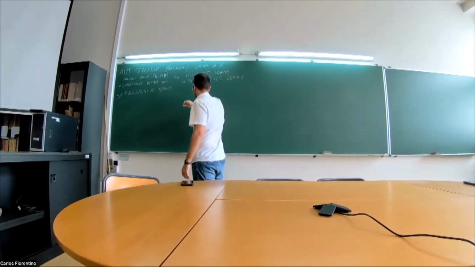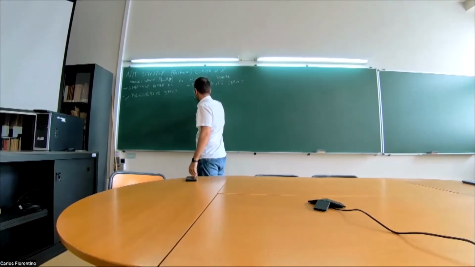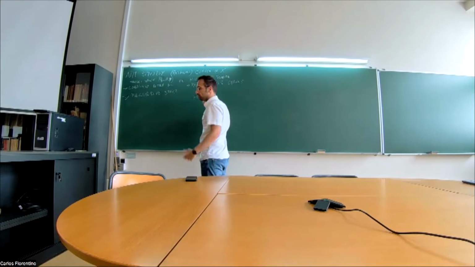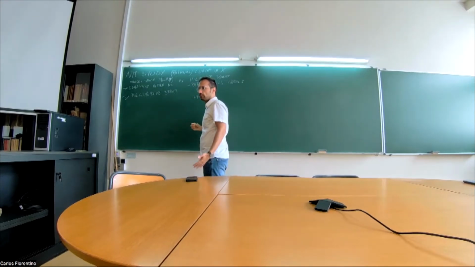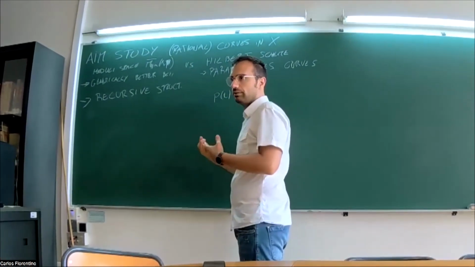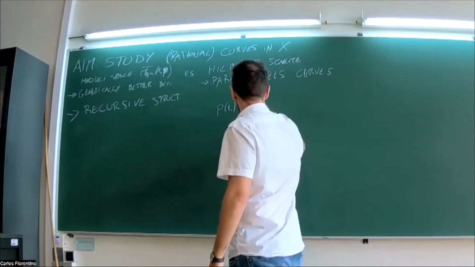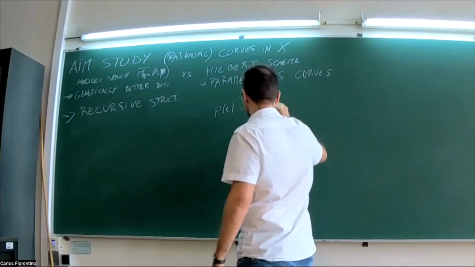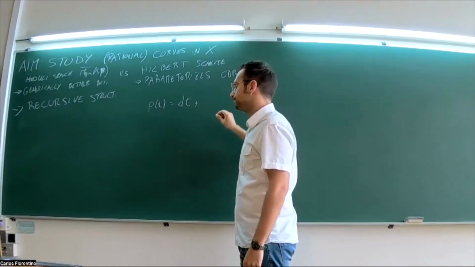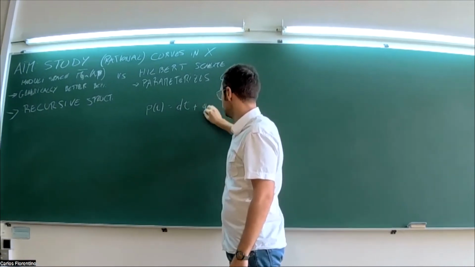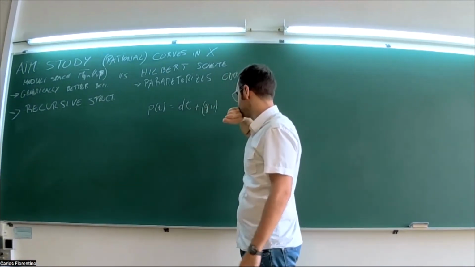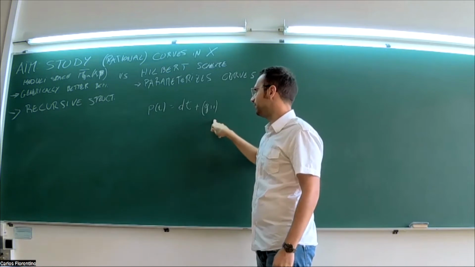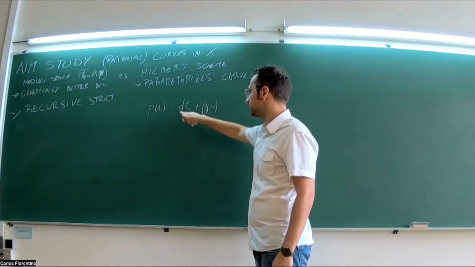You have a polynomial P(t). In the case of curves, it is a degree 1 polynomial, something like dt plus 1 minus g, where g is the genus and d is the degree.